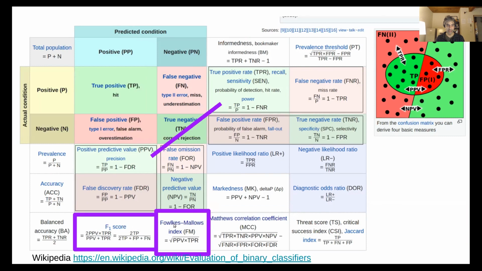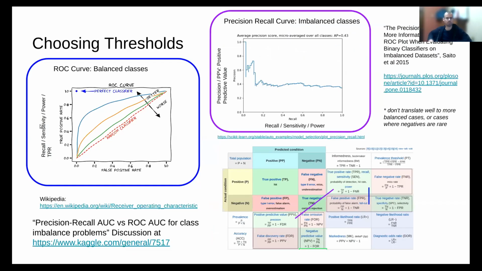And if you look at the common F1 score, for example, and also this one, which I've never used before, they use only these two metrics. They're combining just these two of all the possible things. And if you look at common curves that are used for critiquing these models, a common one would be an ROC curve, and that's using the blue.